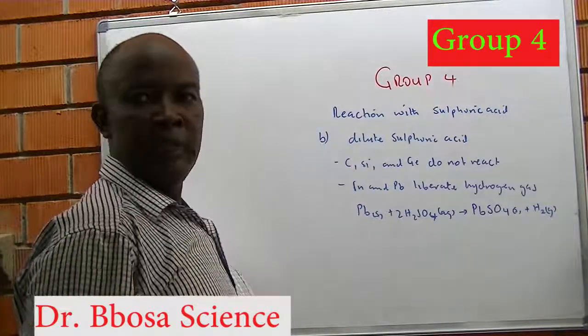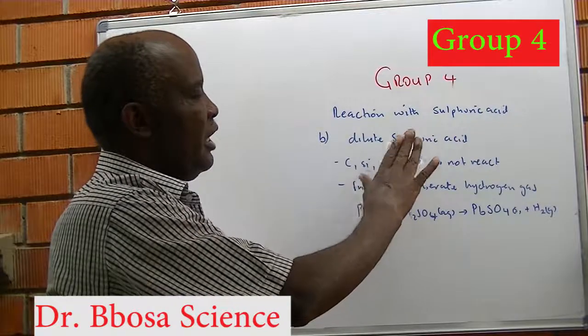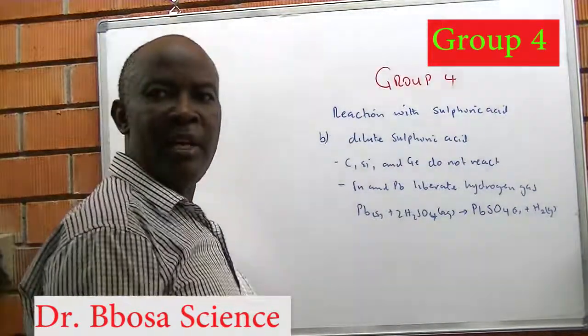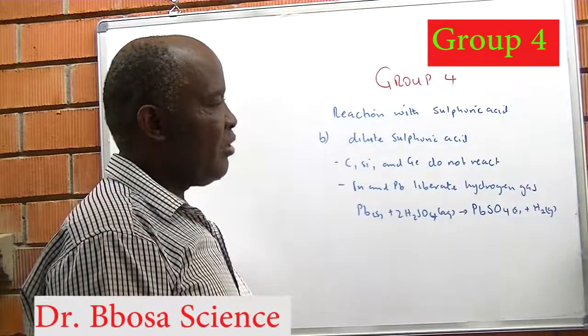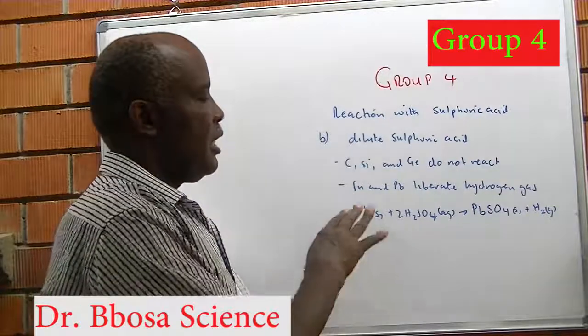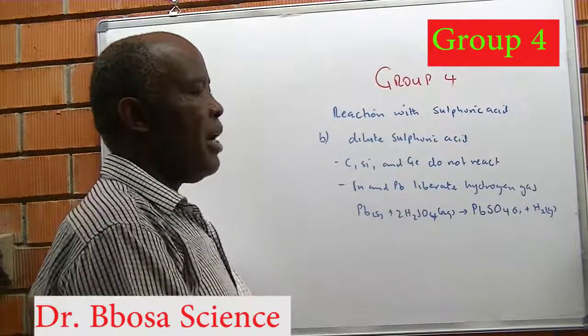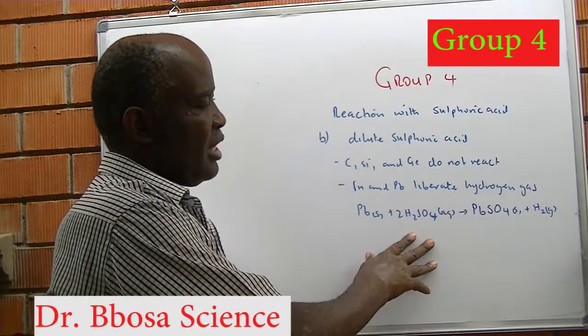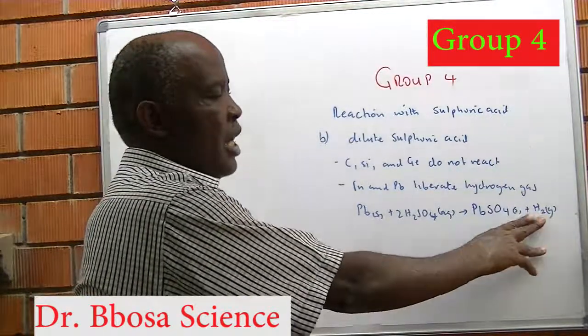B. Dilute sulfuric acid. Carbon, silicon, and germanium don't react with dilute sulfuric acid. Tin and lead liberate hydrogen. Lead plus sulfuric acid, you get lead sulfate plus hydrogen.